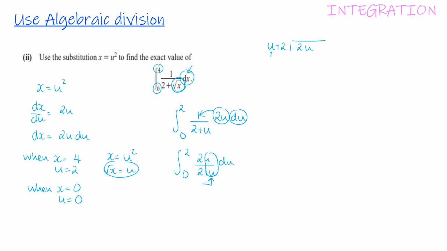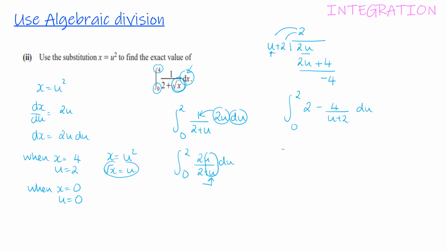Take the u and divide it into 2u, and that goes twice. The answer on the top times both the terms on the front gives us 2u plus 4. Do a takeaway to get the remainder, and we get minus 4. So I'm going to be integrating between 0 and 2 of 2 minus 4 over u plus 2.